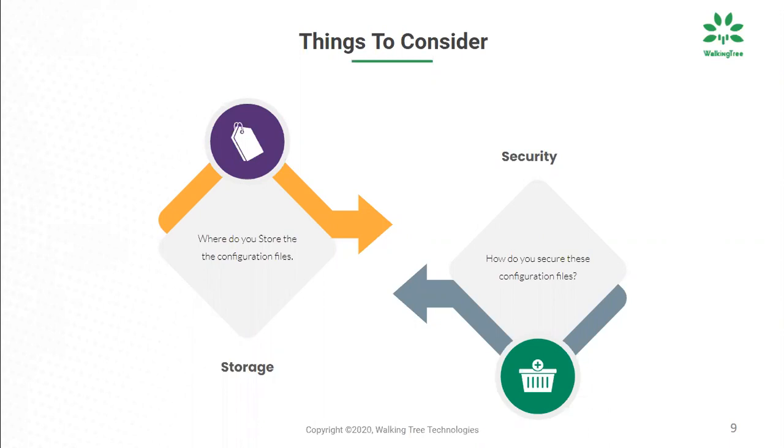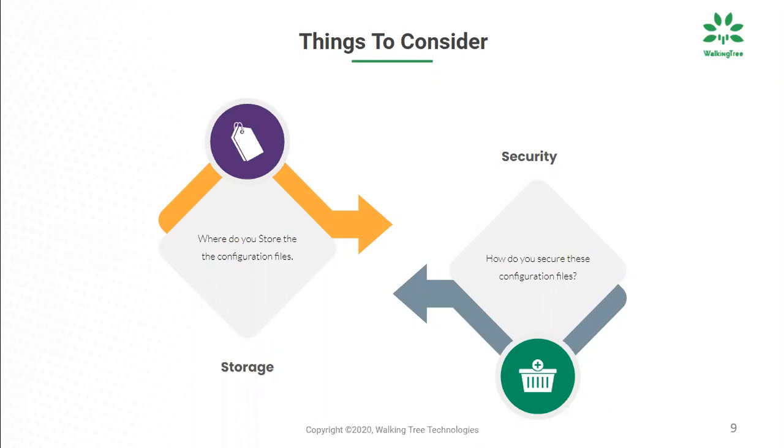But if that code base is shared across multiple developers, or the code is available to external people, and they look at those configuration parameters and they are not encrypted, you may have a challenge, because people can see the configuration parameters directly. Maybe the DB password will be leaked automatically if people look at the DB password through the code. So securing and storage is important. In the next slides, Shubham is going to cover how effectively we can store and secure those environment variables, primarily in the containerized environment.